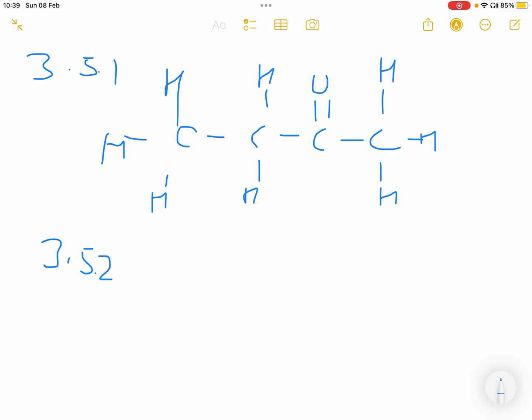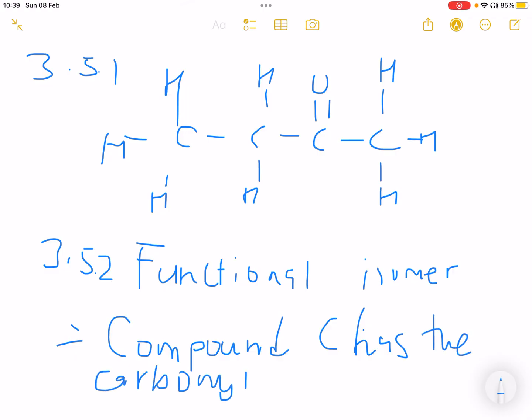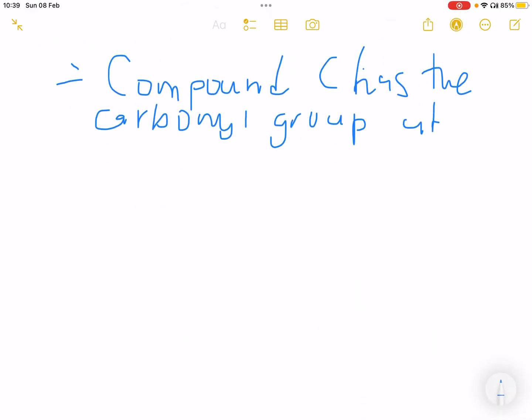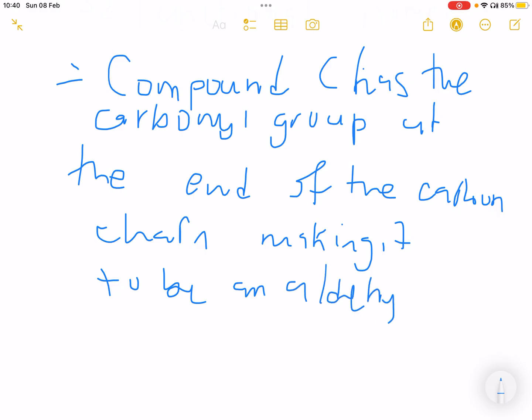Well, if you look at this, compound C has the carbonyl group at the end of the carbon chain, making it an aldehyde, with a formyl group.